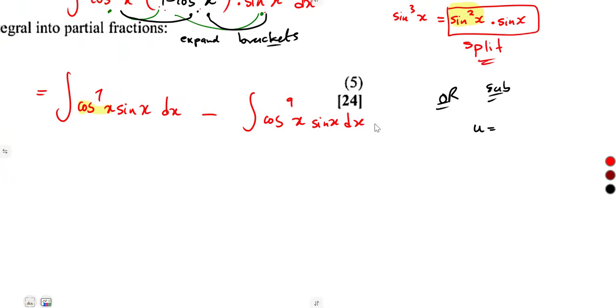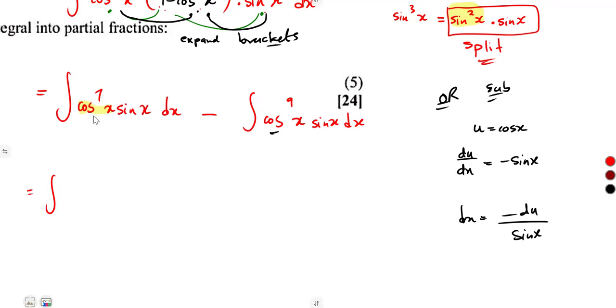We can let u be equal to the cos, remember this raised to the exponent, so that is the same as here. So you can take u to be cos of x. Therefore du dx is going to be negative sine of x. Make dx the subject. So dx is going to be minus du over the sine of x. This is what you're going to have at the end.